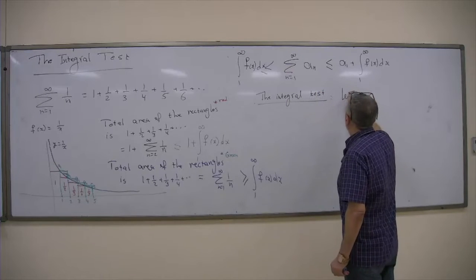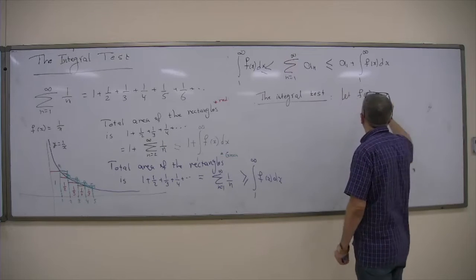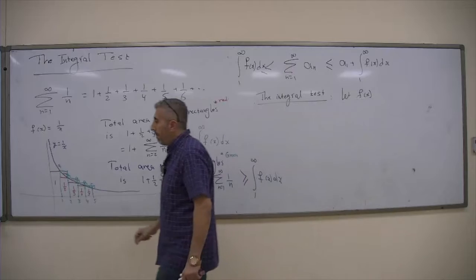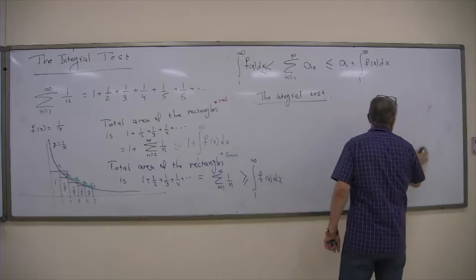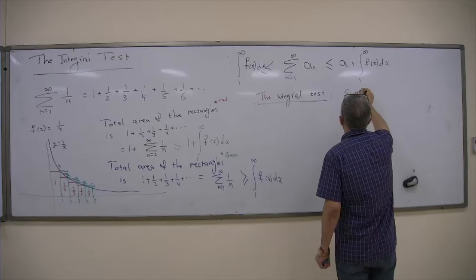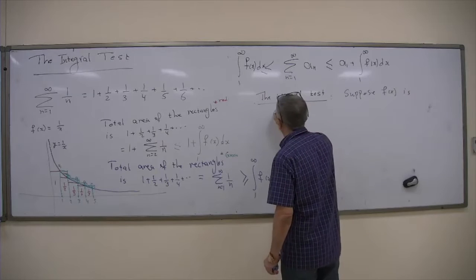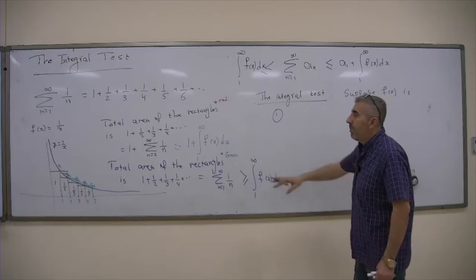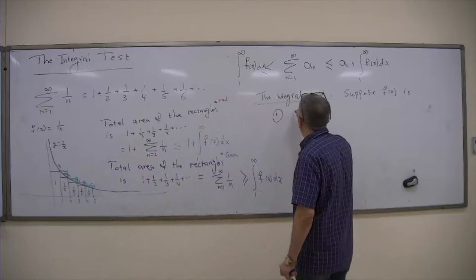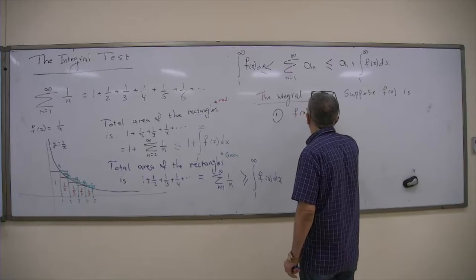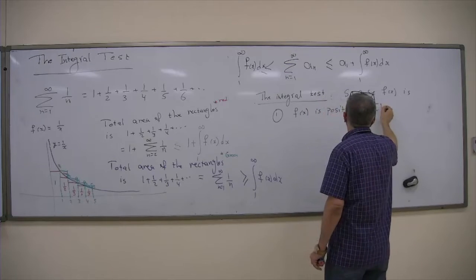Suppose f of x is, number 1, positive. If we want this justification to work, we want f of x to be positive on 1 to infinity.